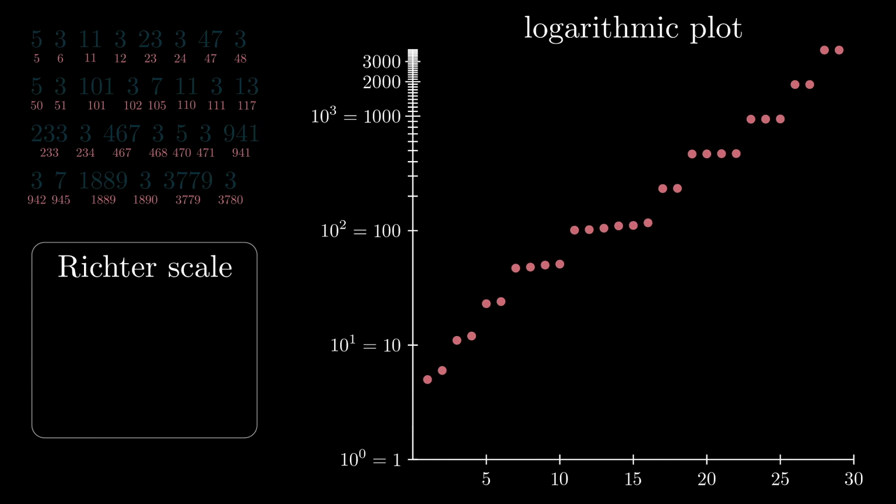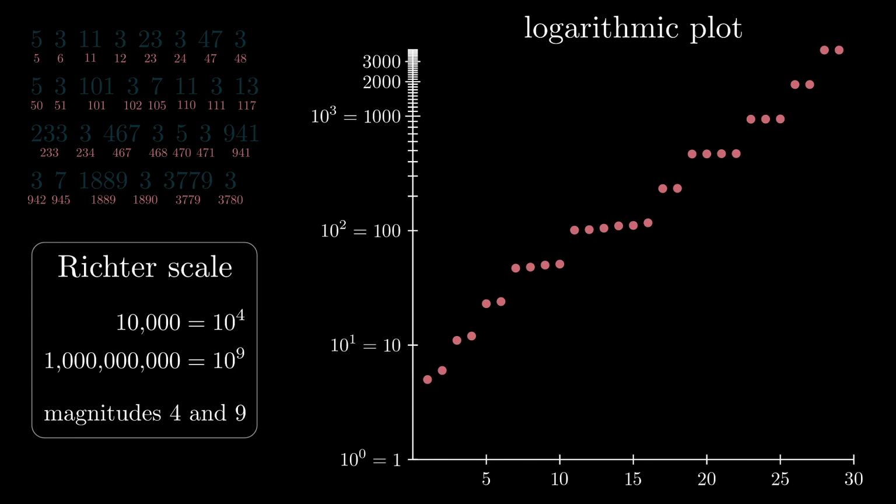For example, the Richter scale describes earthquake intensities on a logarithmic scale. The possible amount of energy released by an earthquake covers such a large range that the logarithm of the energy is a more intuitive number to work with. So instead of having earthquakes with magnitude 10,000 and magnitude 1 billion, we call them magnitude 4 and magnitude 9.